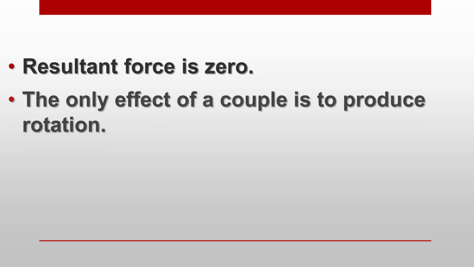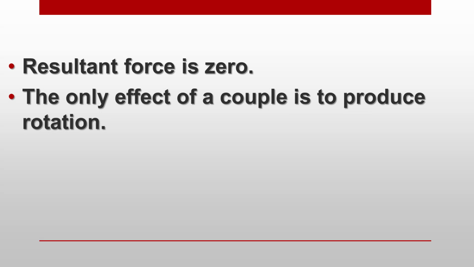So what is happening in a couple? The resultant force is 0. You can see that they are equal in magnitude but opposite in direction. The only effect of a couple is to produce rotation. If they had some resultant, then they could displace the body, but as their magnitudes are equal and just their direction is opposite, a couple can only produce rotation.